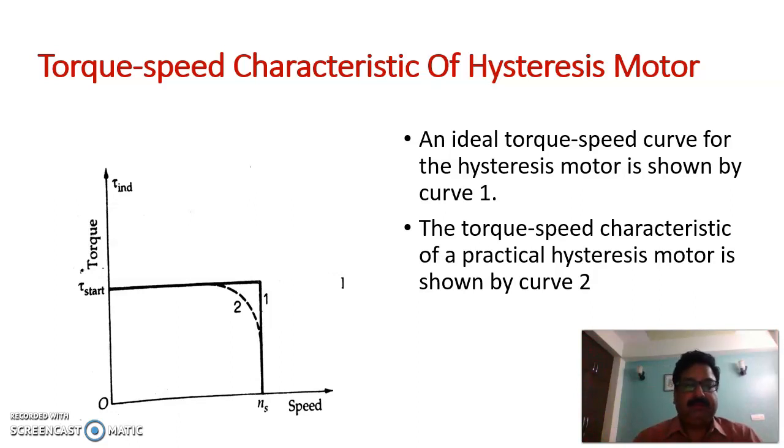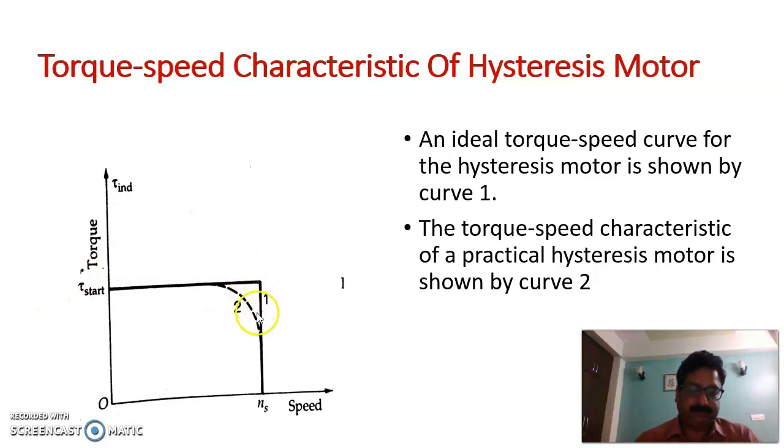In the ideal case, curve 1 must be there. The ideal torque speed curve for a hysteresis motor can be obtained with curve 1, but this is not practically possible. The practical hysteresis motor torque speed curve is curve 2.